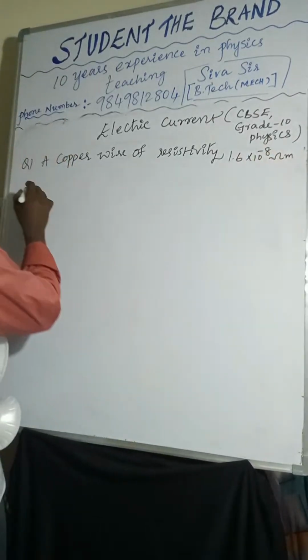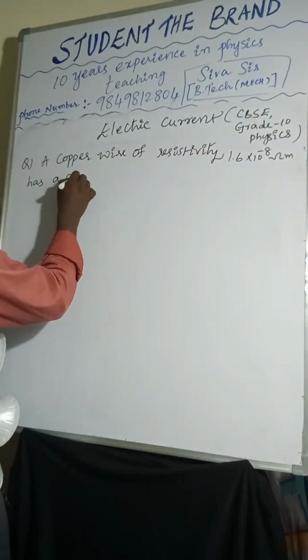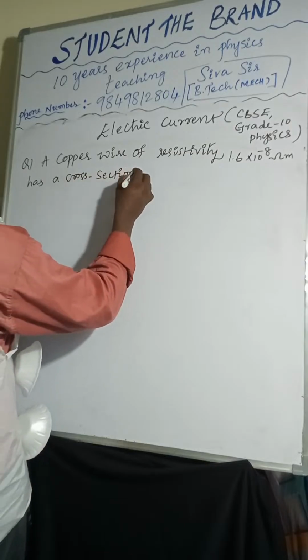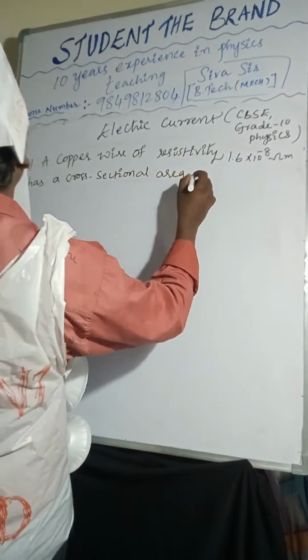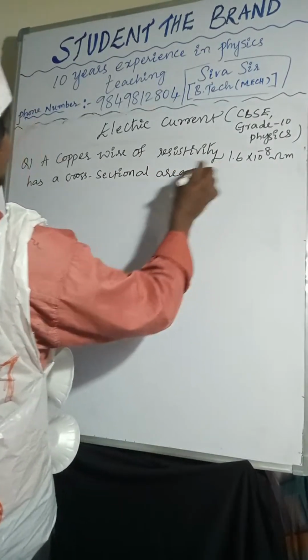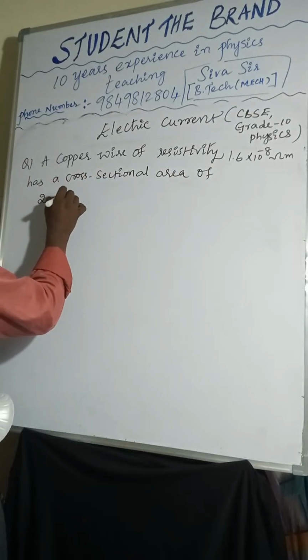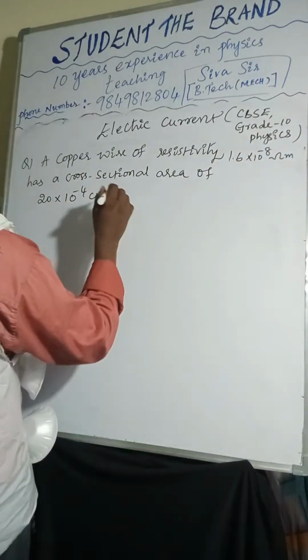Ohm meter has a cross sectional area of 20 into 10 power minus 4 centimeter square.